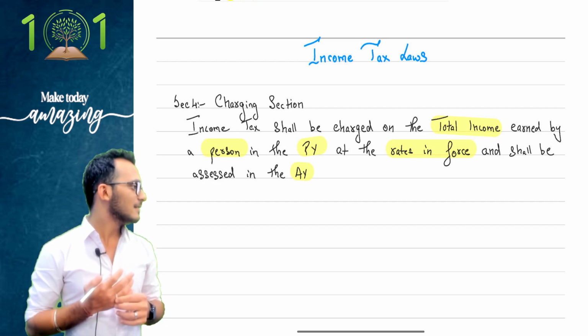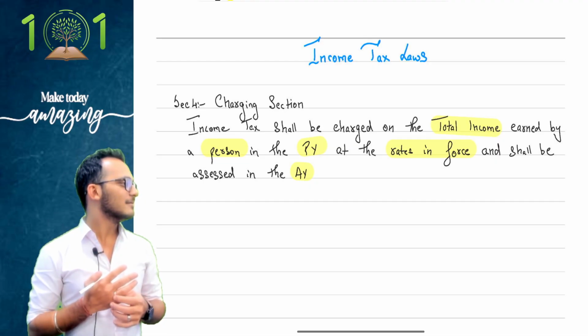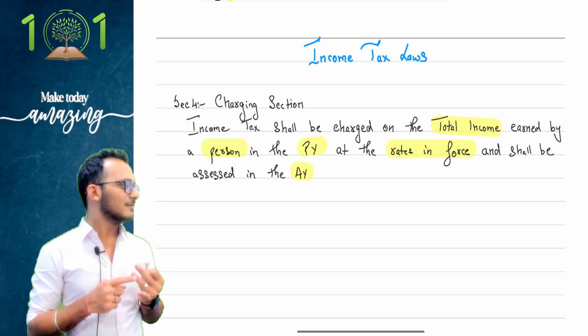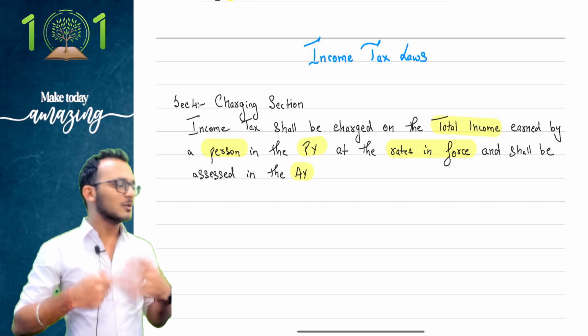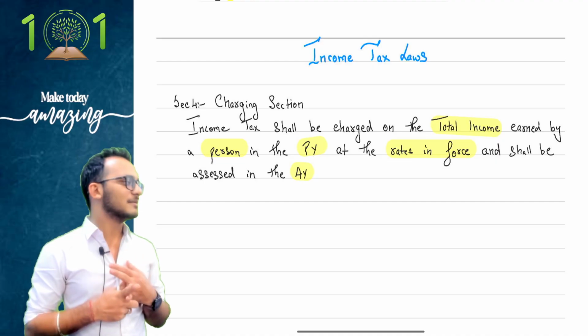Individual, and what is a business entity? HUF, company, firm. Firm includes LLPs. Next.